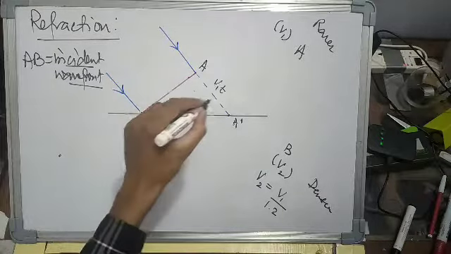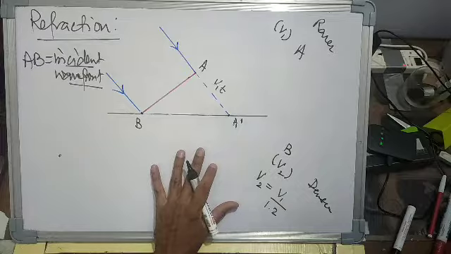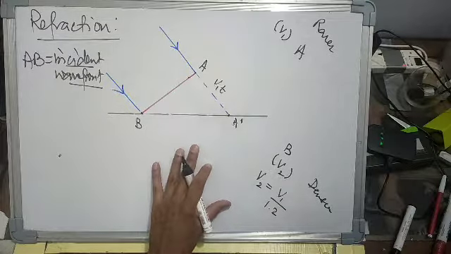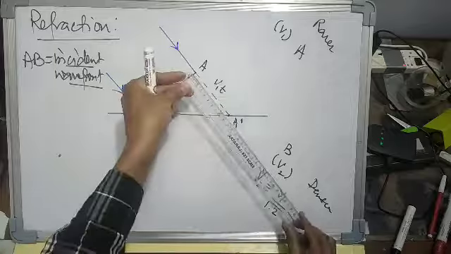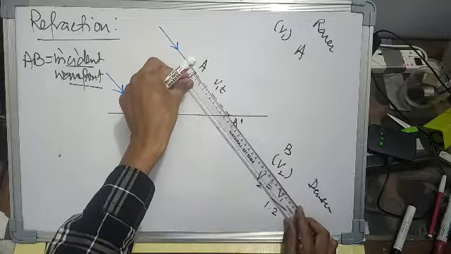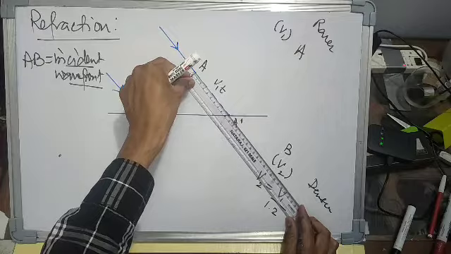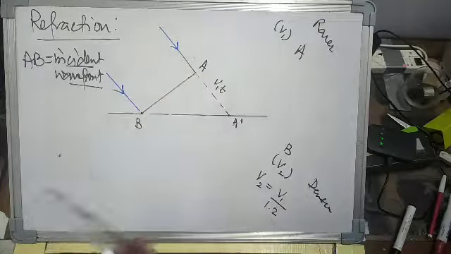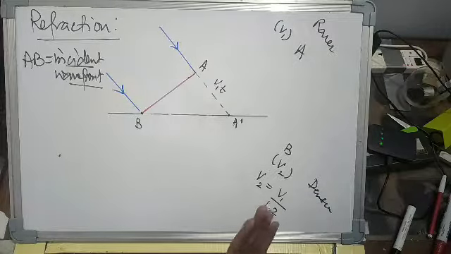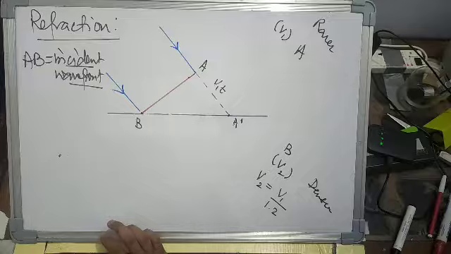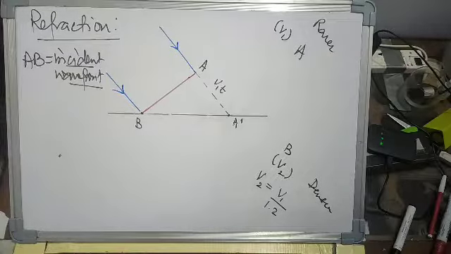Now from point B in the same time the light will move to medium B, which is a denser medium, and the distance it will travel will be 1.2 times less than the distance traveled by light in the first medium in the same time interval. If you measure this, it comes out to be 9.5 centimeter. The distance traveled will be less by 1.2 times, so using a calculator, 9.5 divided by 1.2 is 7.9 centimeter.